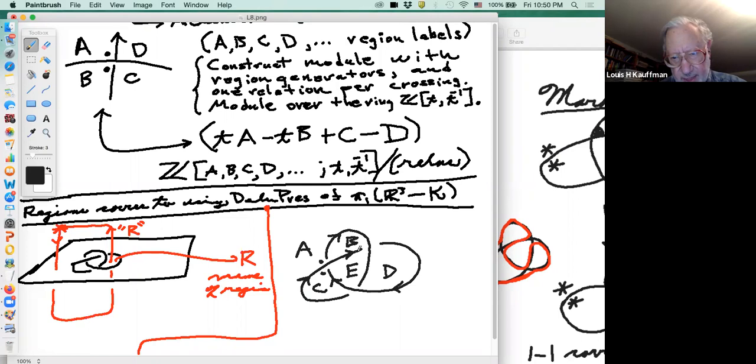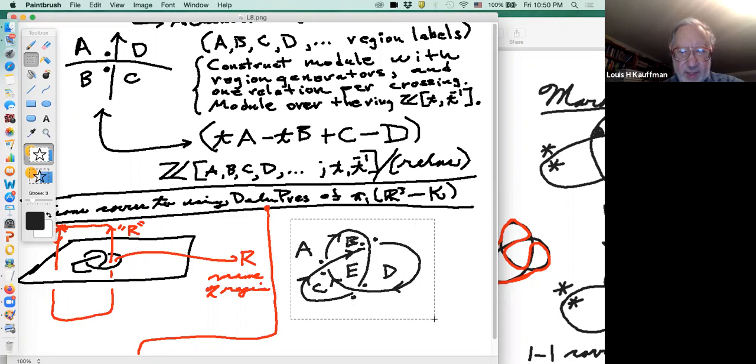There's a double dot here. There's a double dot there. And there's a double dot here. And from this, I can read the three relations. And then I'm going to make a matrix out of those three relations. But we need a little more space for that. The reason I'm going through this is because this is an interesting algorithm for calculating the Alexander polynomial, and you're going to see those states come out.